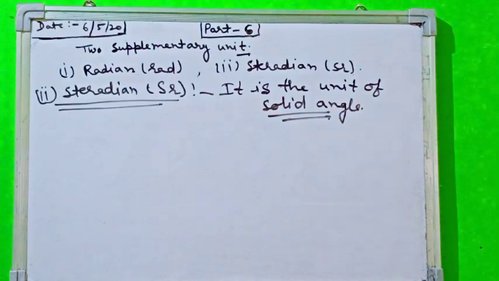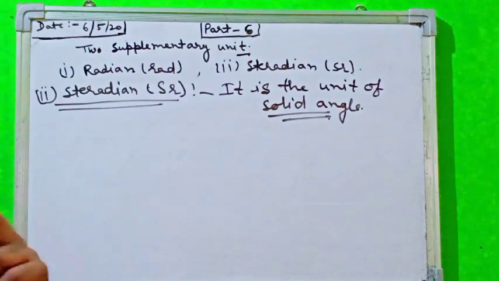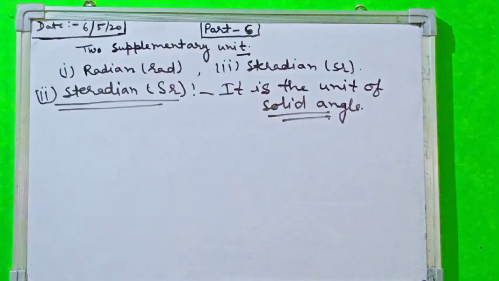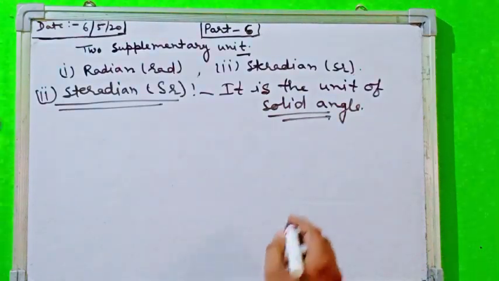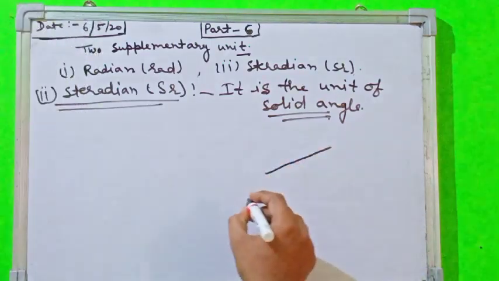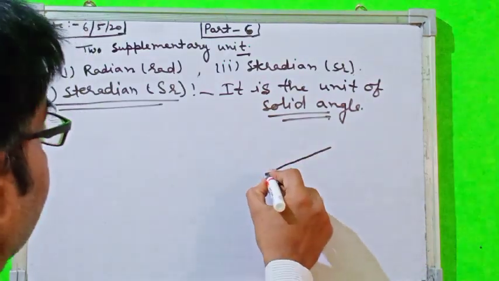I am trying to draw that conical shape on this whiteboard to explain the nature of the solid angle and how it looks. In 2D, I am drawing the 3D picture.